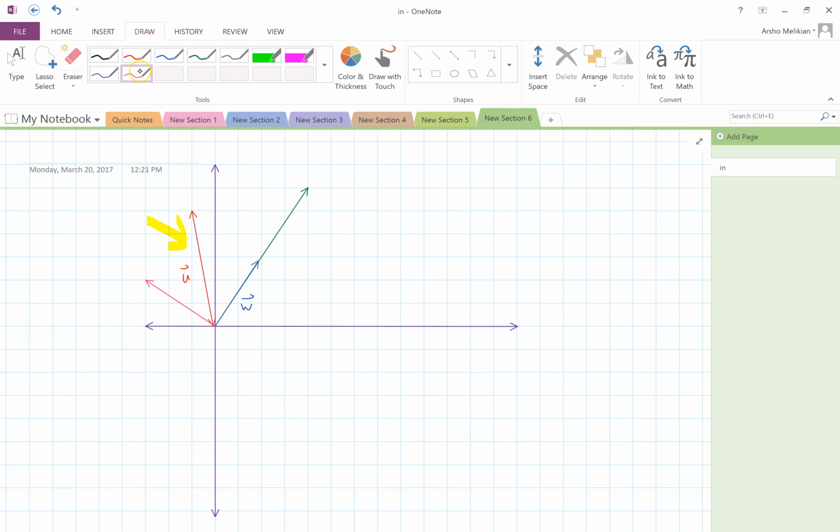This is vector Z. Now look. What did we say W dot Z was? W dot Z was 0, right? So what's the angle in between W and Z? 90 degrees. So W and Z are orthogonal.